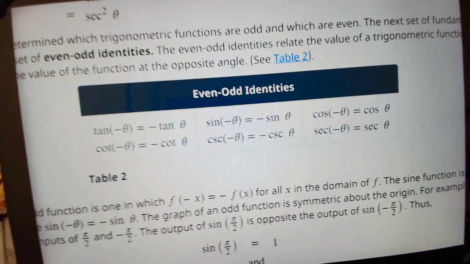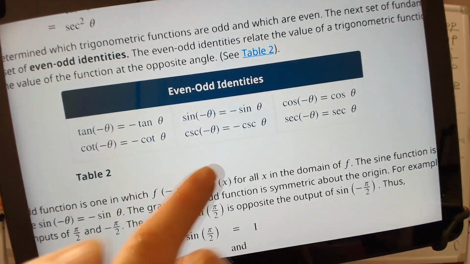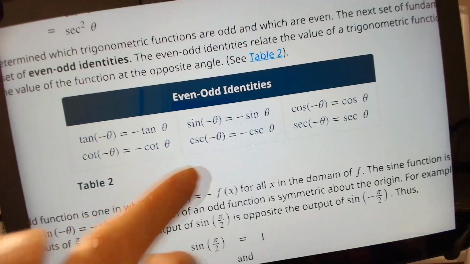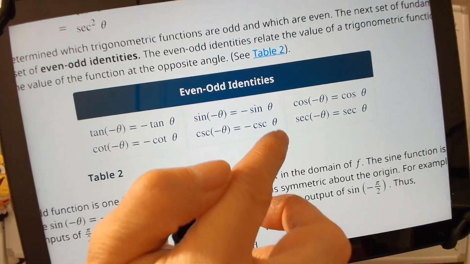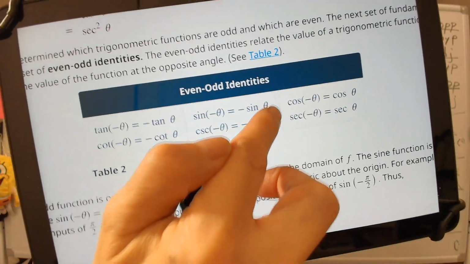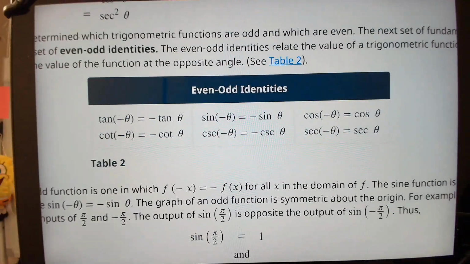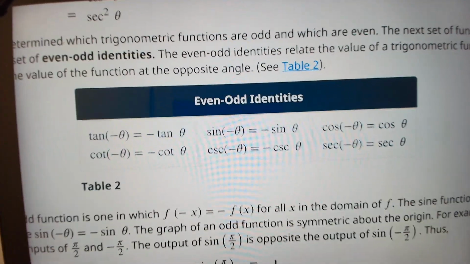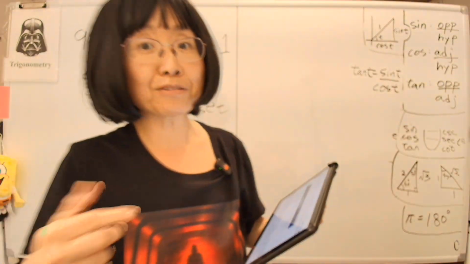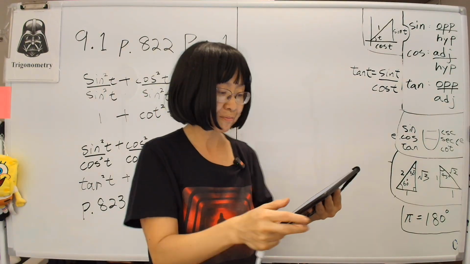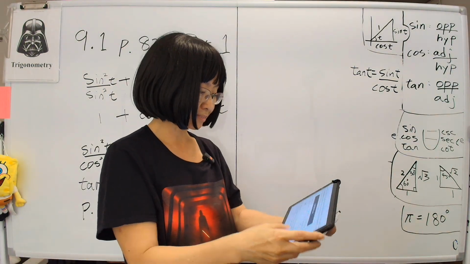All four of these, you have to take the negative sign out. Only cosine and secant, secant being 1 over cosine, work the same way. Only cosine and secant have the quality that if you slap a negative in there, it's like you didn't do anything at all, and you can just throw it away.